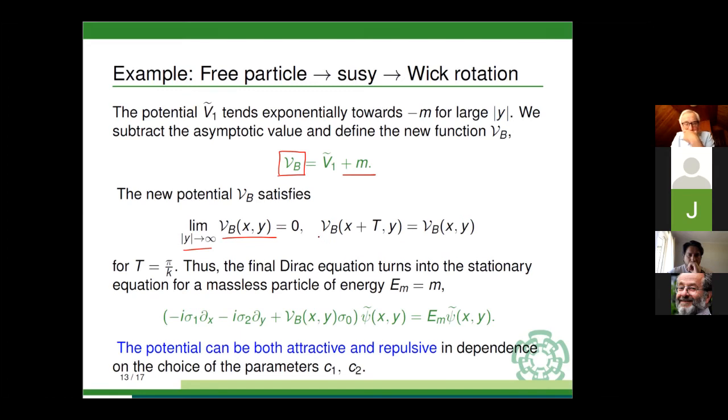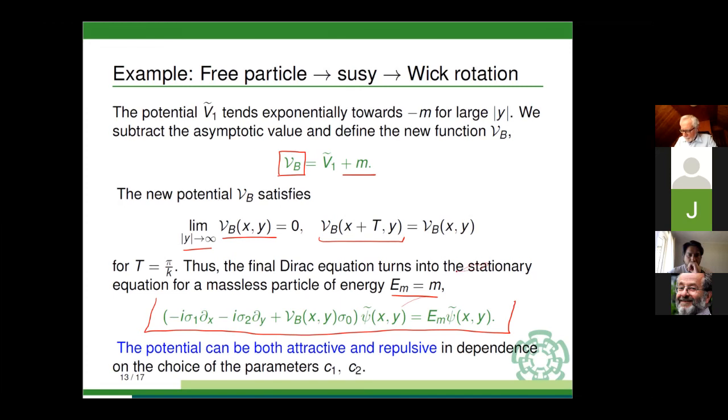Another property is that this potential is periodic in y. And after adding that constant, we obtain the time-independent Dirac equation for fermions in graphene at this specific energy.